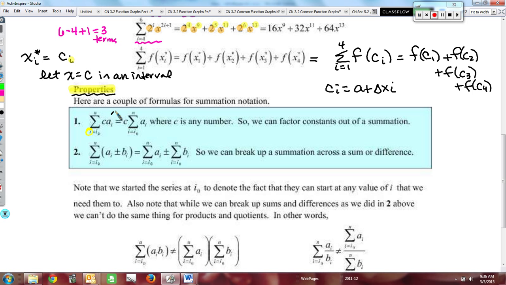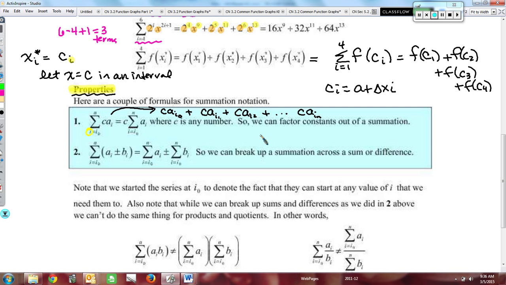If I were to expand this, you would take your c sub a, this is I sub 0 for the starting value, and then you would do c a I sub 1, plus c a I sub 2, and you would consider all of these up until you get to a I sub n.